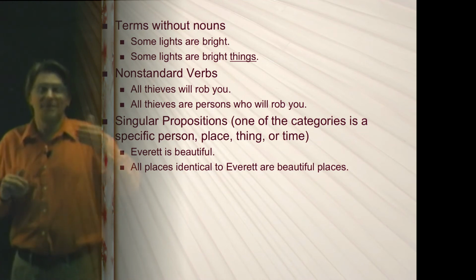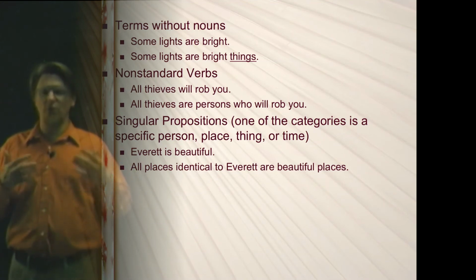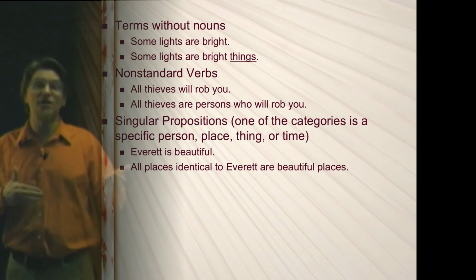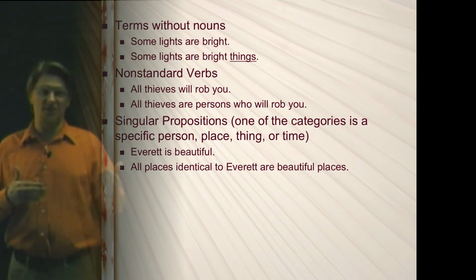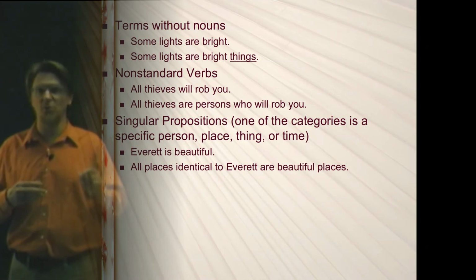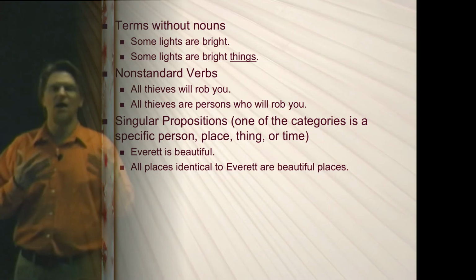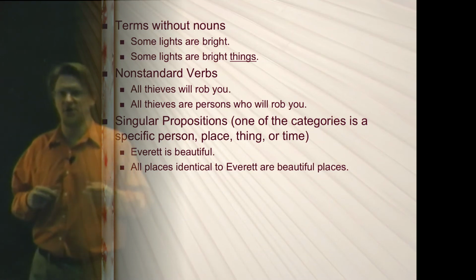We say all places, plural, identical to Everett. So linguistically or grammatically, we can pluralize the subject term without actually pluralizing it, right? Because we're still just talking about the one place. There is only one place identical to Everett. And so you want to stick with that phrase, identical to, here.